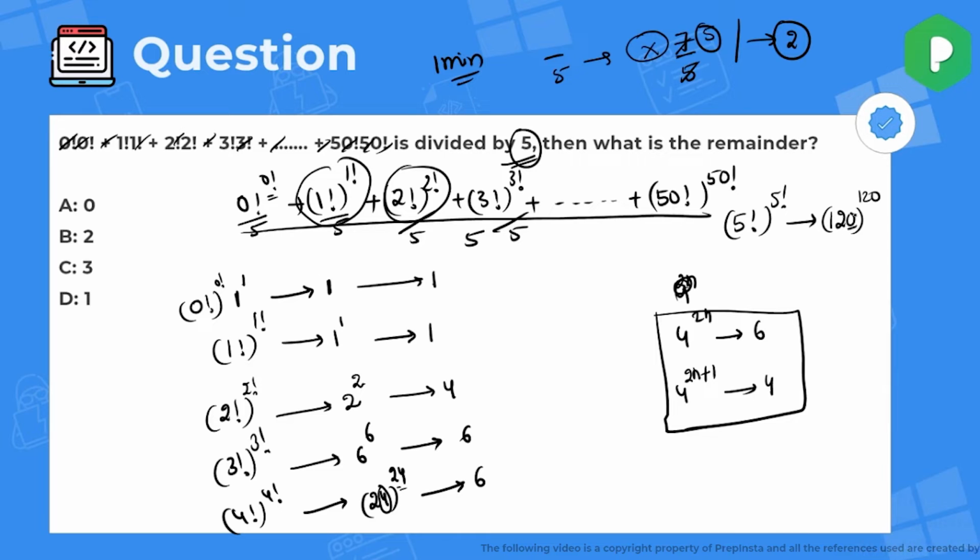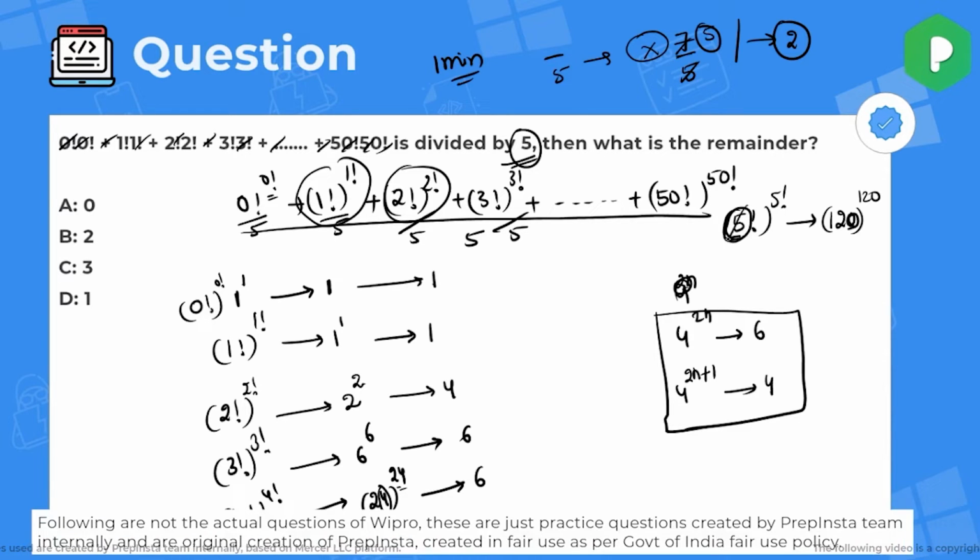If the last unit digit is 0, then it will definitely be divisible by 5. Why? Because from 5 factorial onwards, each and every term consists of 5. If one of the numbers is 5, definitely the numerator will cancel the denominator, right? So after 5 factorial, 6 factorial also consists of 5 into 6 into 4 into 3 into 1.